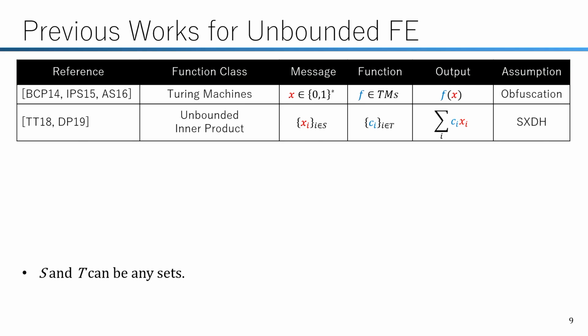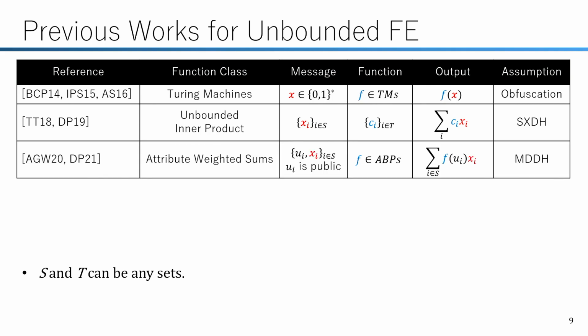The first work that does not rely on obfuscation is for unbounded FE for the class of inner products. The functional key is associated with the coefficients of a linear function, and decryption reveals a linear function over the message.